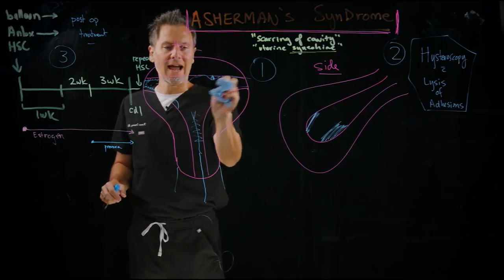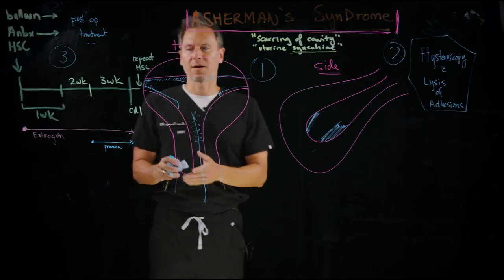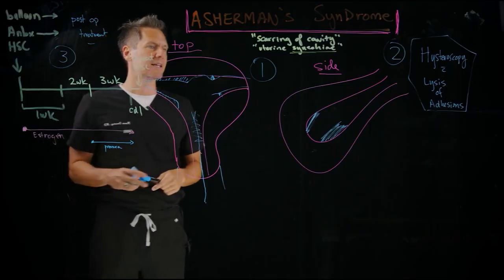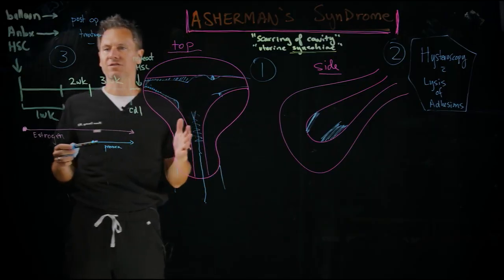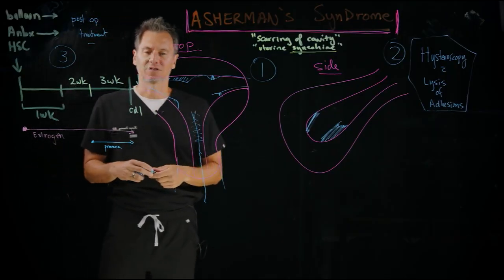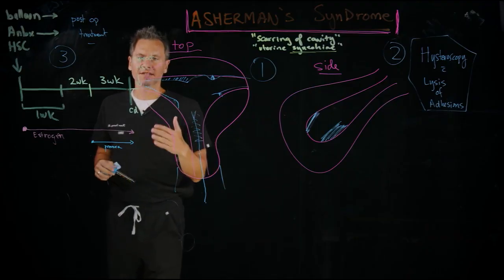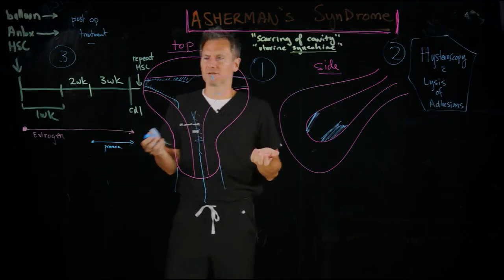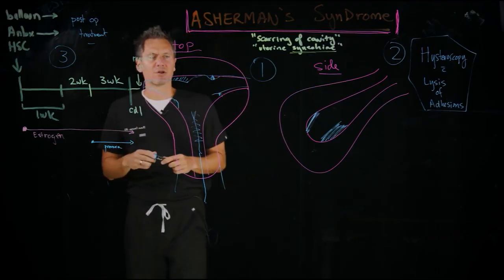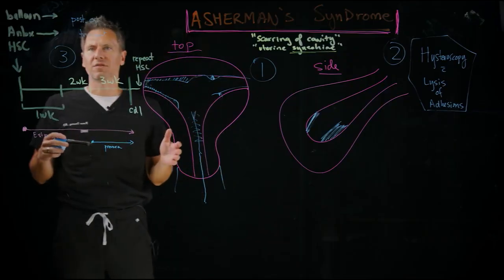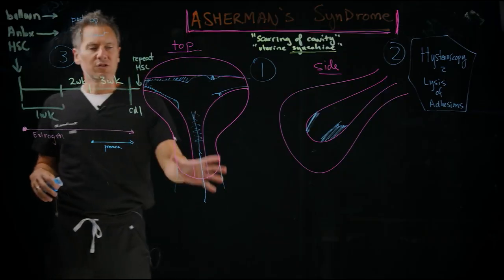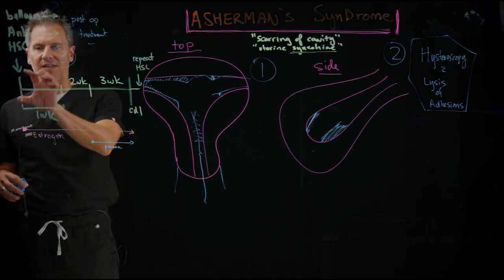Now, there are adjuncts that are used post-operatively that I'll talk about in the cases of hysteroscopy in patients with Asherman syndrome. So oftentimes, at least this is what I do, there are variations of this, but just so you understand what an example of this looks like, you'll do a hysteroscopy, and here's a timeline.